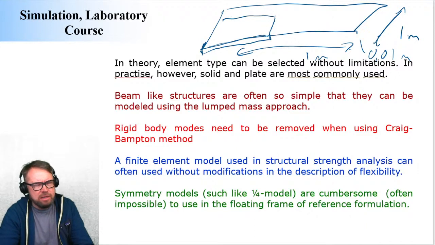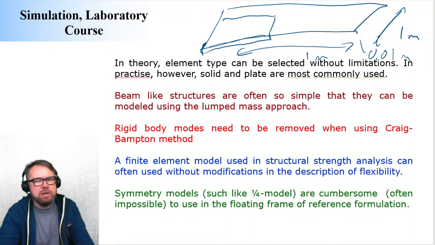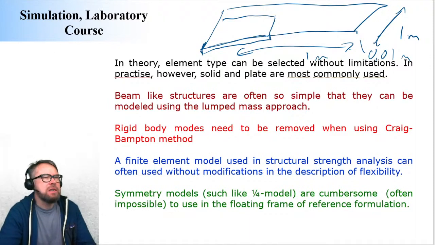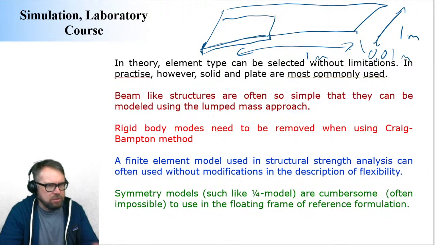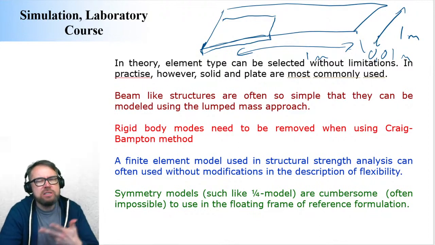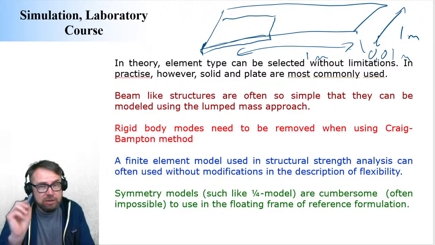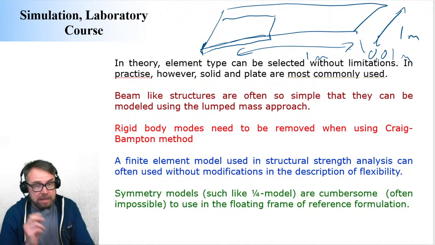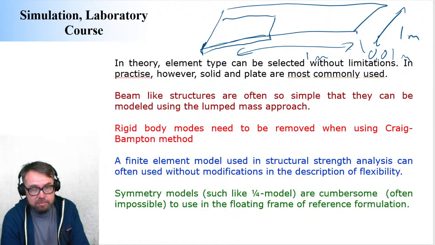solid elements like this. The only way to model this by using a few number of elements would be using plate elements, which are designed for plate-like structures like this. Obviously this is a plate-like structure, and this will be the most computationally efficient way to do that.